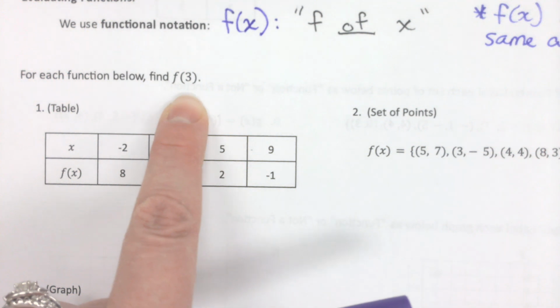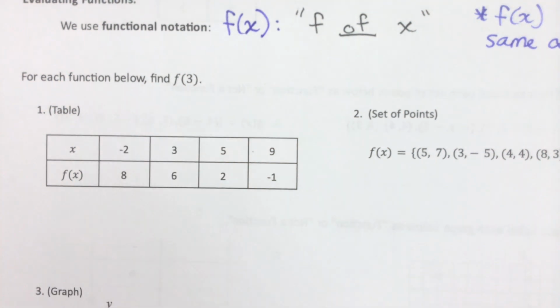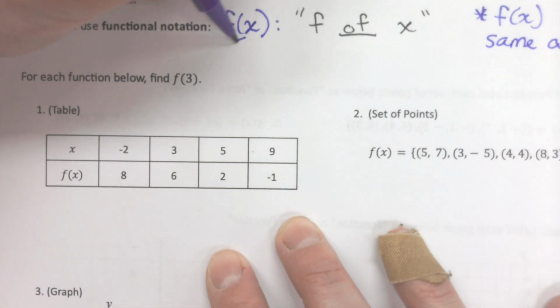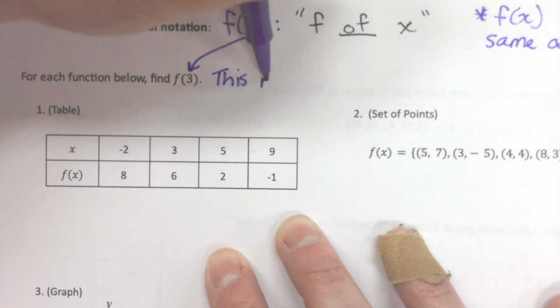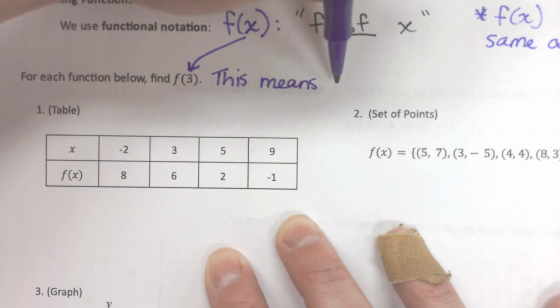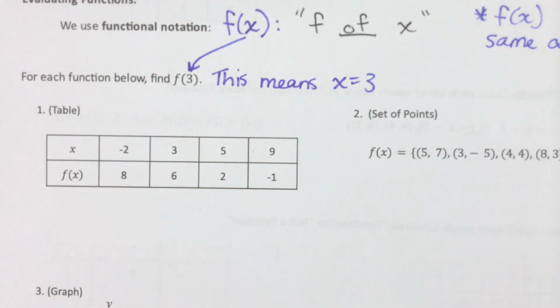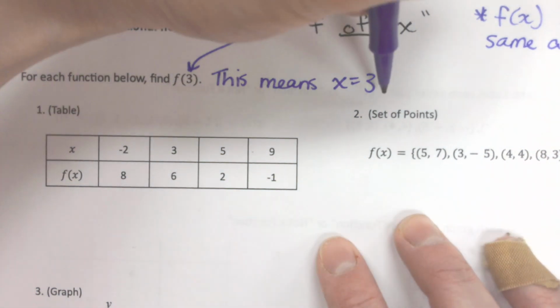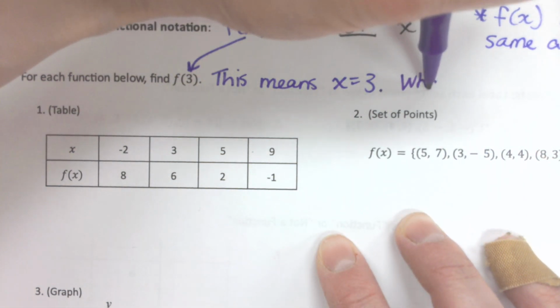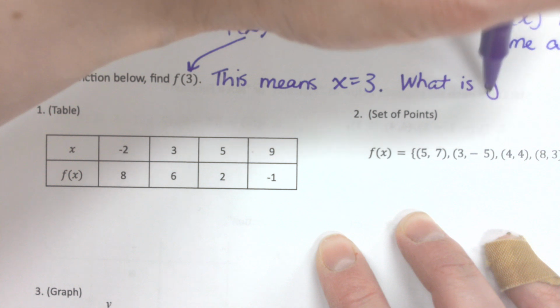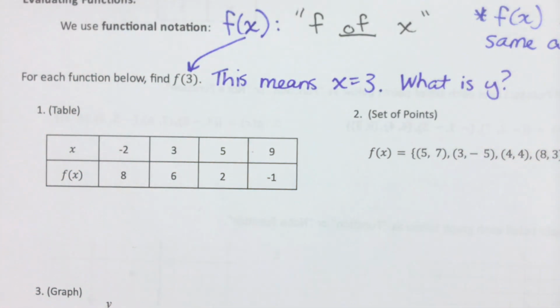So when we put a number in x's place, it's directly telling us that that is the value of x. This means x equals 3. What is y? That's the question.